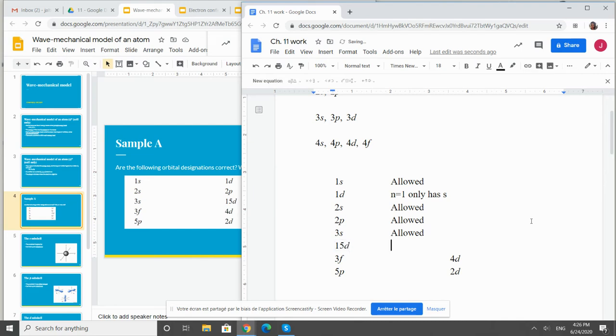N equal to 3 or higher is allowed for D.